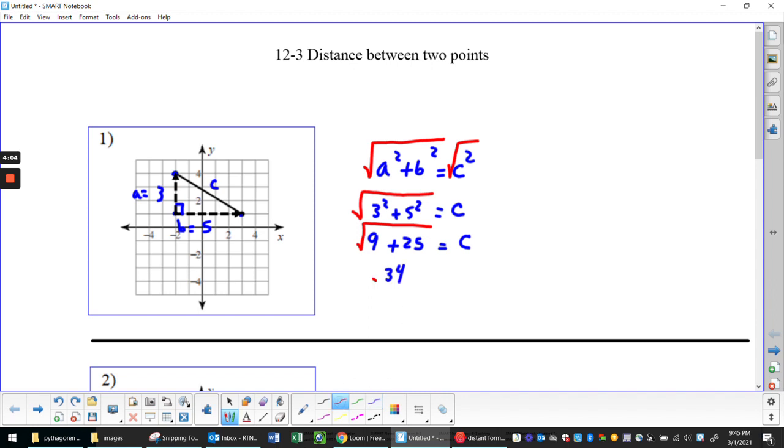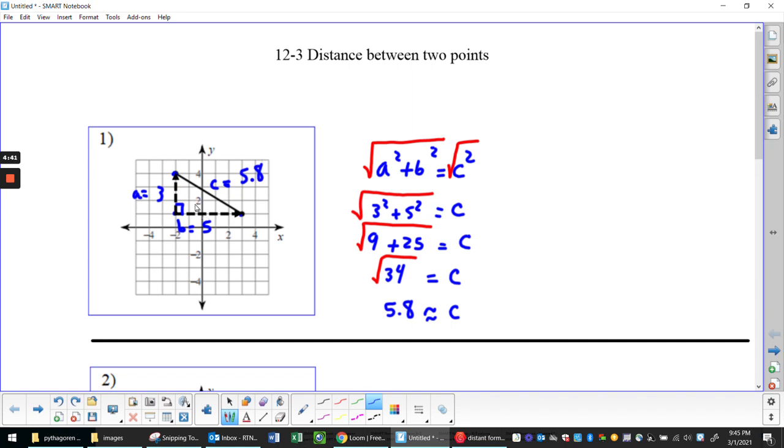And the square root of 34 is our c, which is going to be close to 5.8. That's our answer. So we have figured out that the distance from here to here, from these 2 points, is approximately 5.8.